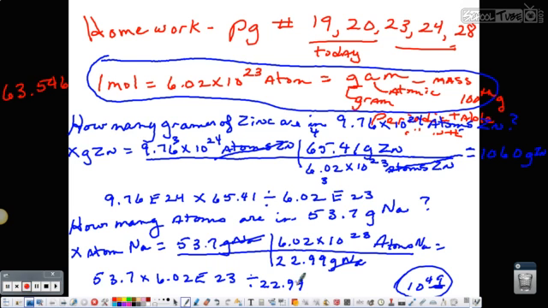So 53.7 times 6.02 E23 divided by 22.99 equals 1. If you're not careful on this, you'll leave something out.